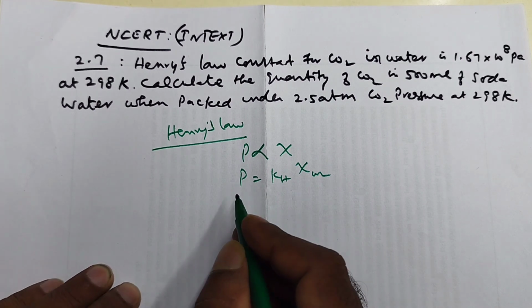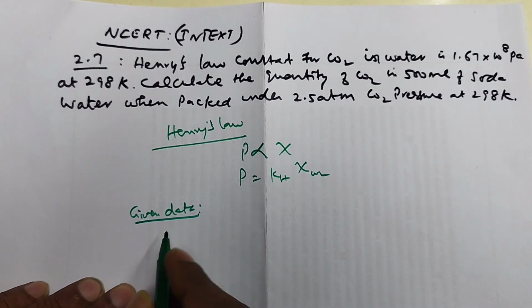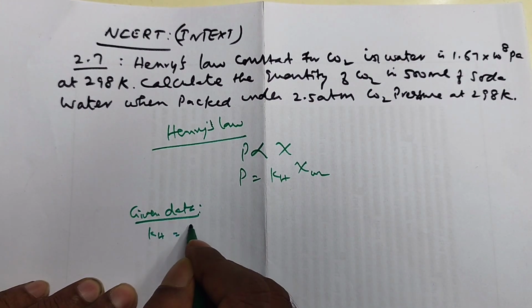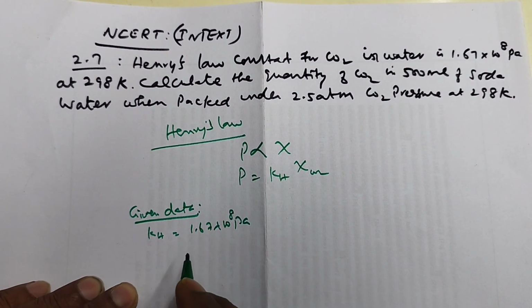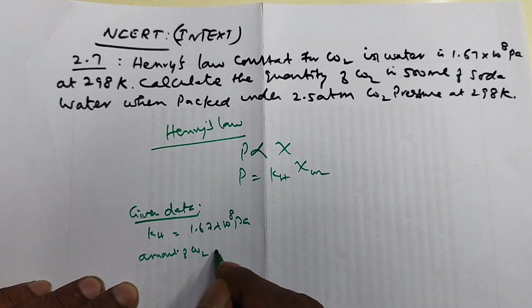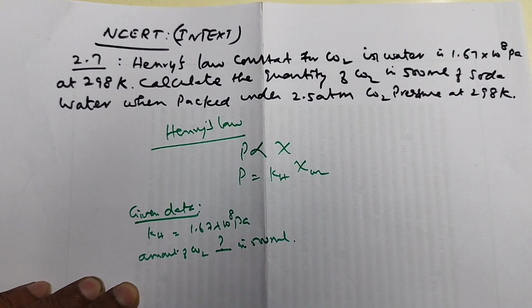Here the given data: Henry's constant is 1.67 into 10 to the power of 8 pascals, and the quantity, that is the amount of CO2 in 500 ml, is asked. What is the formula for this case? Here pressure is there, Henry's constant is there, and only the amount is asked.